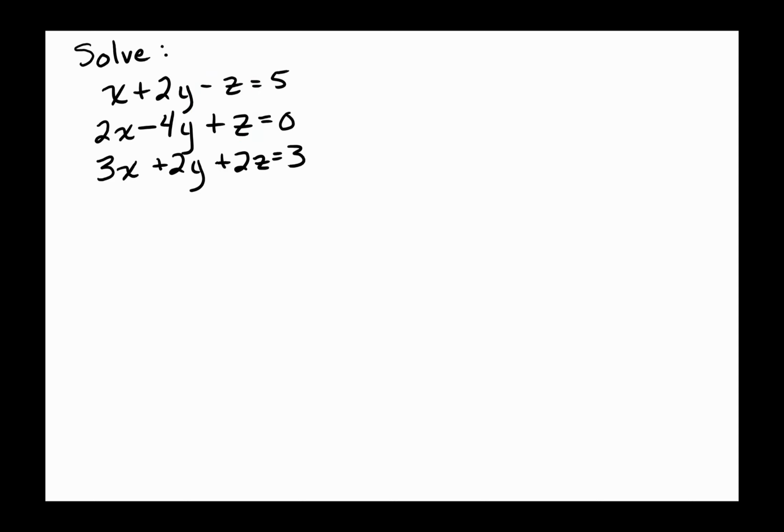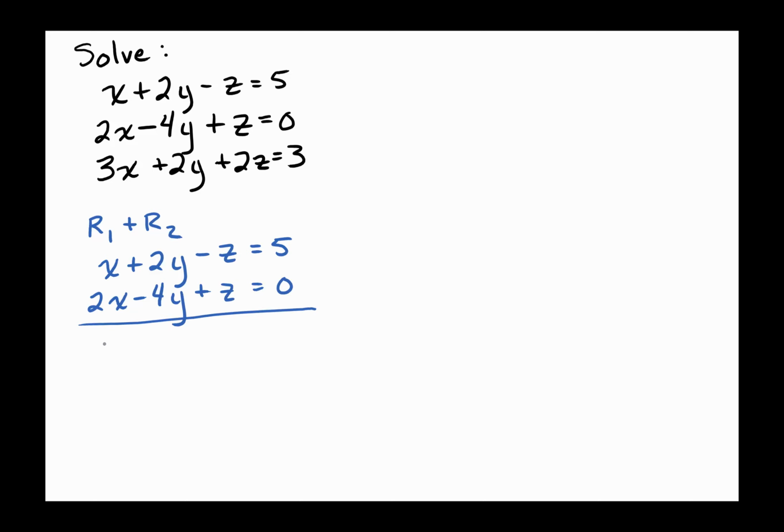So let's do that. So the notation I would put in here to help me keep track of the process is this. I'll call the first equation row 1. It really is equation 1, but I'm going to refer to them as rows. And so if I just notice that if I take row 1 and add it straight to row 2, I'm going to get what I want. That is, I'm going to be eliminating the z term. So there's row 1, here's row 2. I'm just writing them down so that I can add them and see what we get.